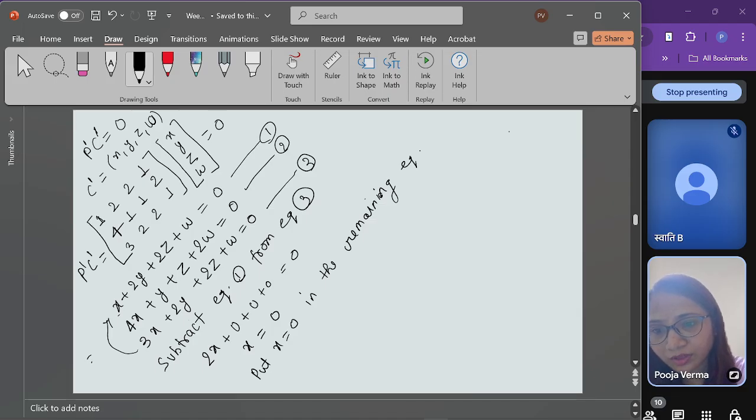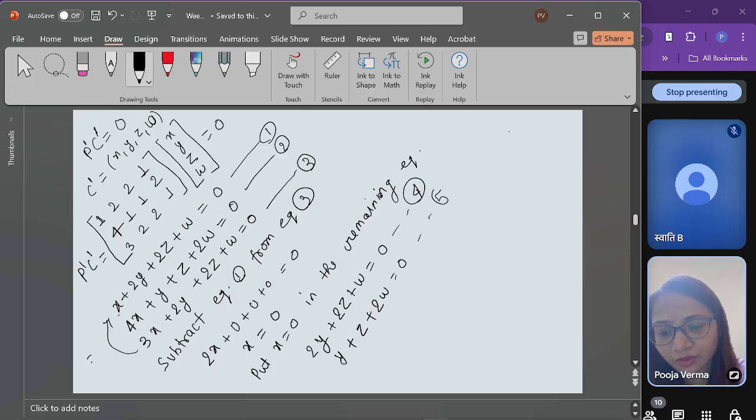In the next step, putting x is equal to 0 in equation 1, you will get 2y plus 2z plus w is equal to 0. This is one equation, let's say it's equation number 4. Now put it in the second equation, you will get y plus z plus 2w is equal to 0.